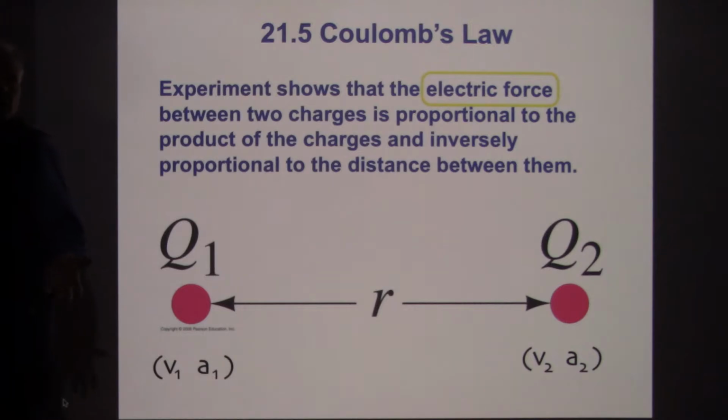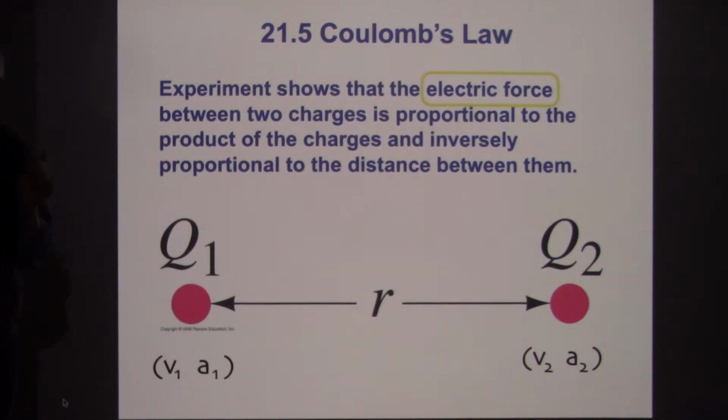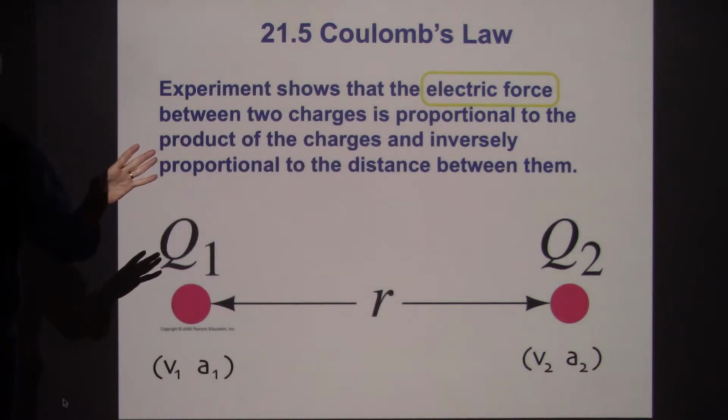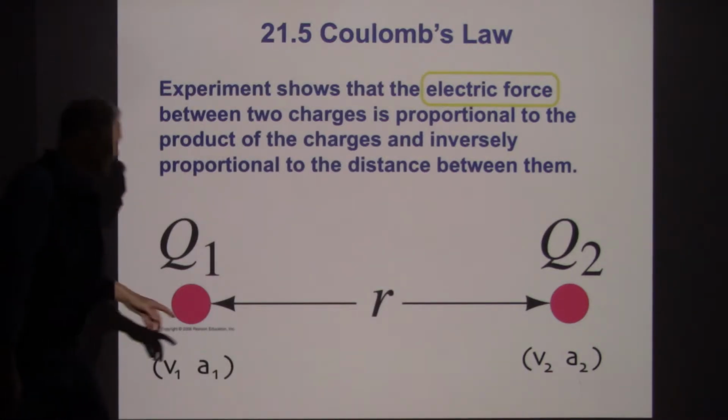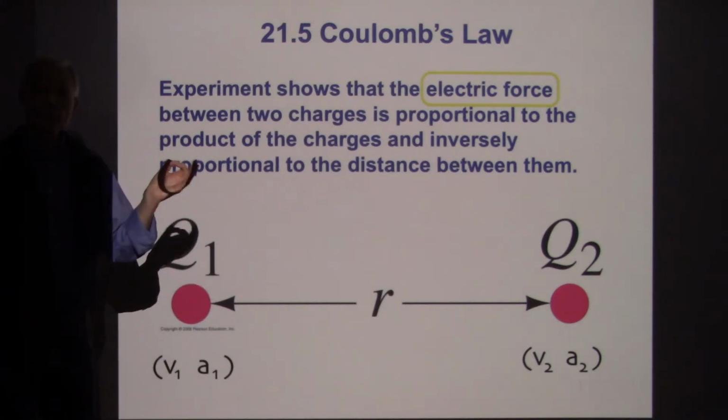And what we find is, when charges are accelerating, they radiate energy. And that's how a radio station broadcasting or a cell phone transmission with microwaves works: by accelerating charges.